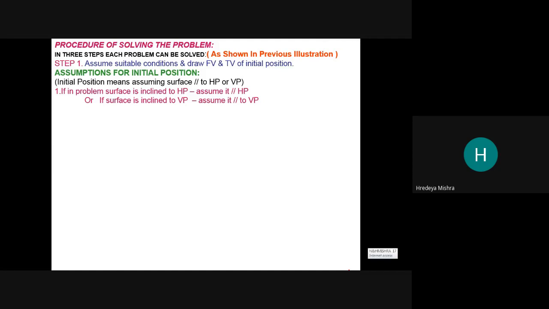So if the problem says the surface is inclined to HP, assume it is parallel to the HP. Or if the surface is inclined to the vertical plane, assume it is parallel to the vertical plane. So if inclination is there, then our assumption is that it is parallel to the particular plane.